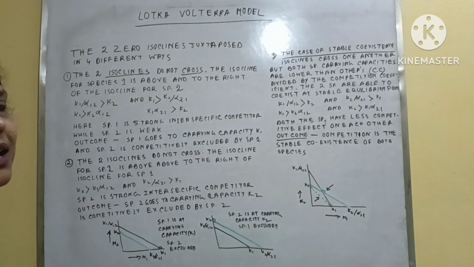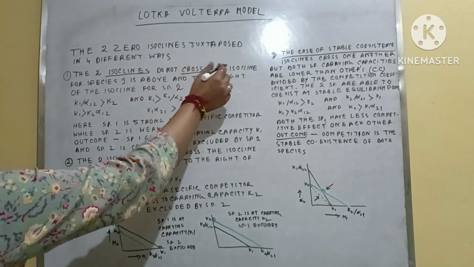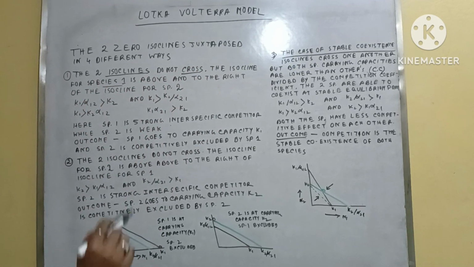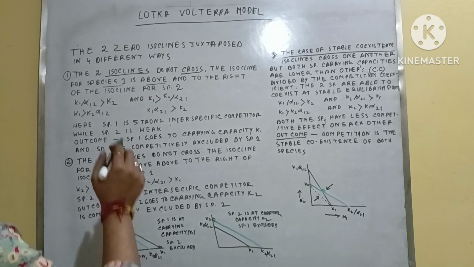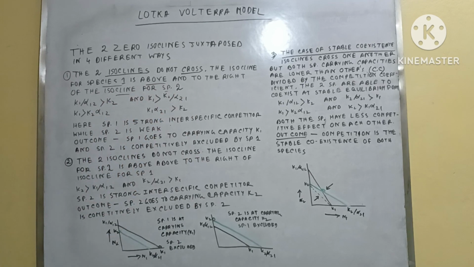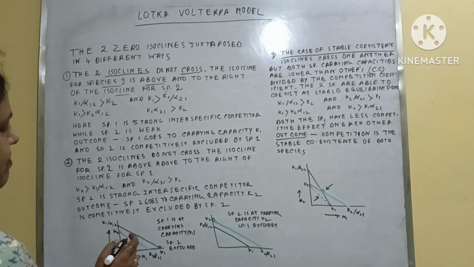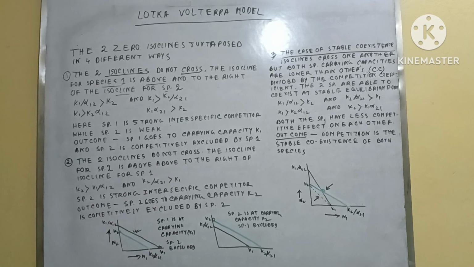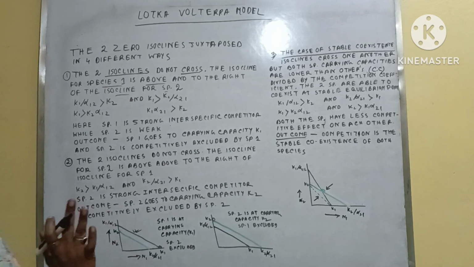They remain parallel, and the isocline of species 1 remains above and to the right of the isocline for species 2.